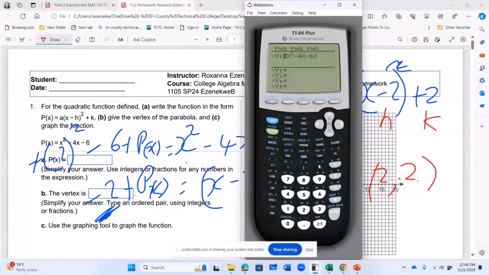Then I can just graph it and see the vertex.